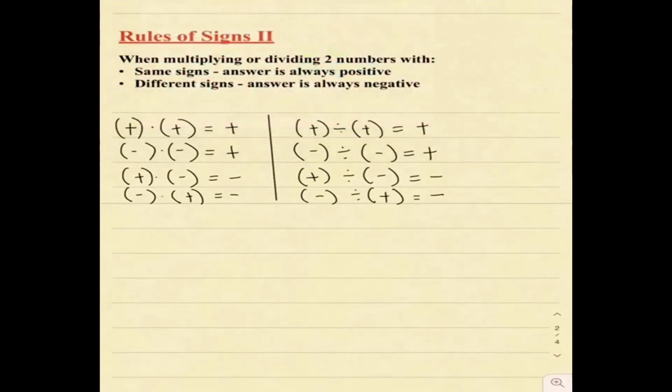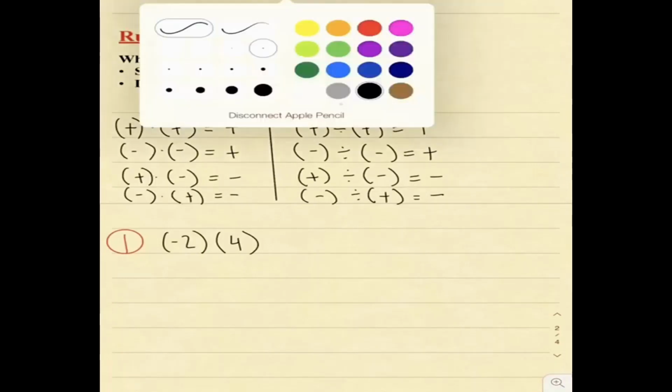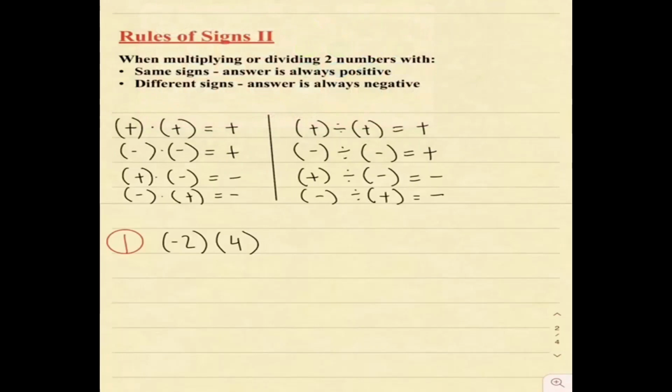So let me go ahead and do some examples. Example 1. Let's say I have negative 2 times 4. How do I do this problem? Now you guys see that 4 doesn't have a sign in front of it. So right away, like I said before, I'm going to put a positive sign in front of it.